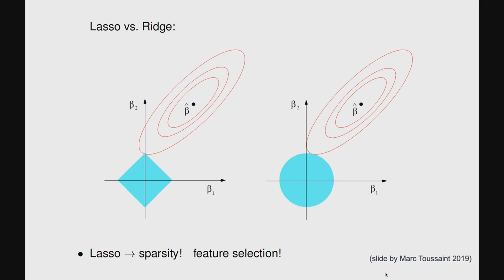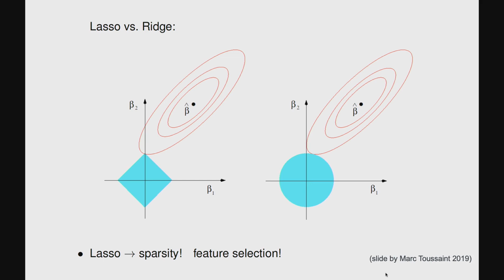And if I hit such a corner, what have I done? What does this mean if I hit a corner? I eliminate a parameter, exactly. So, by basically using this lasso regression, I often, not always, but often eliminate a parameter.